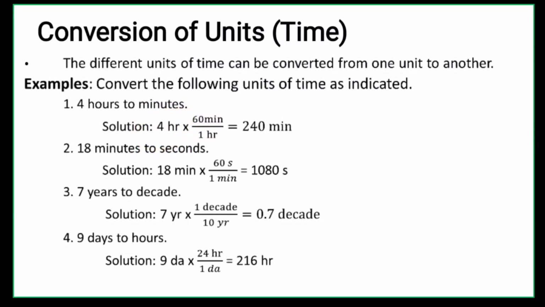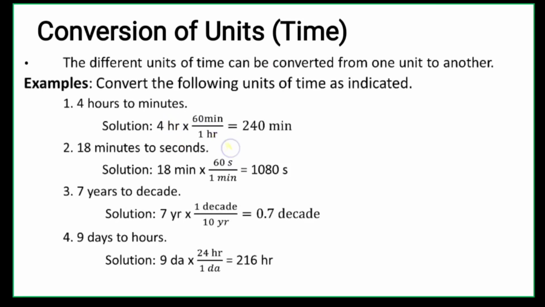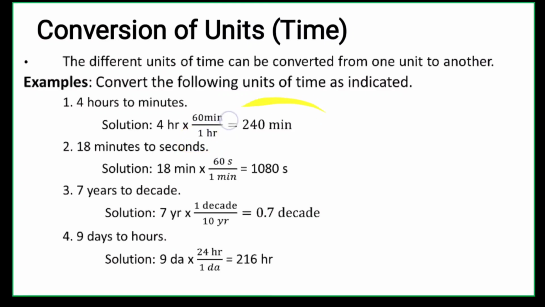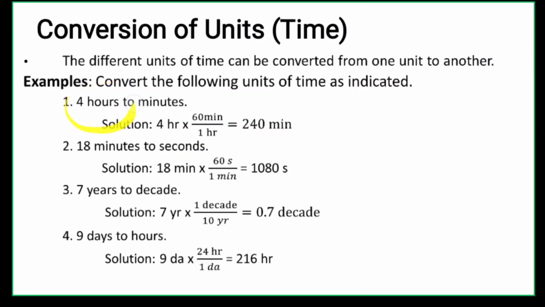So to solve this, we can cancel hour. Therefore, 4 times 60 minutes is 240 minutes over 1 is 240 minutes.